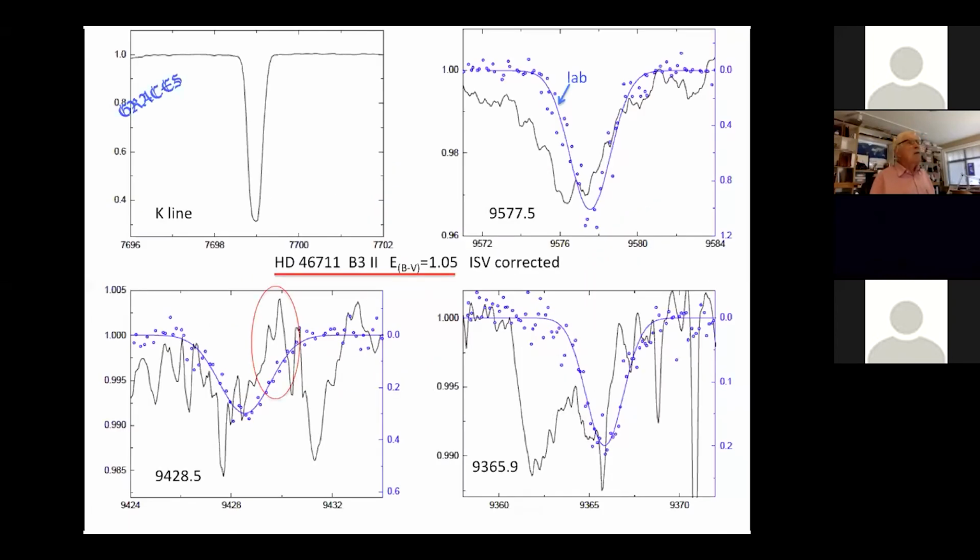So I was somewhat disturbed by this because it seemed to me that we were getting a consistent offset for HD 46711 relative to the lab values. So I had an exchange with John, and I said, I didn't exactly say there's something wrong with your results.